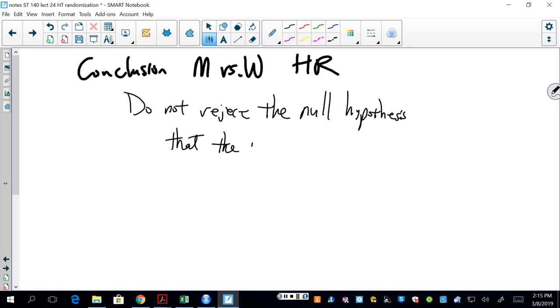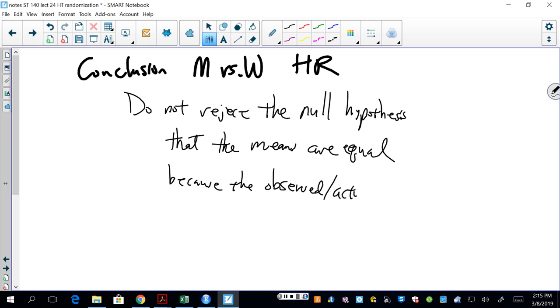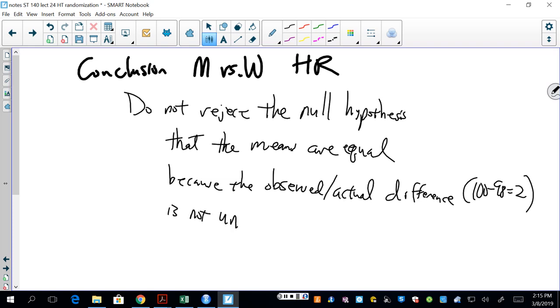Means are equal, because the observed difference is not unusual under the randomization distribution. The observed, or maybe you could say actual, difference, 100 minus 98, about 2 beats per minute, is not unusual.